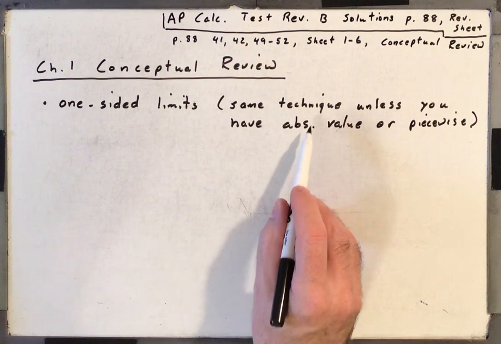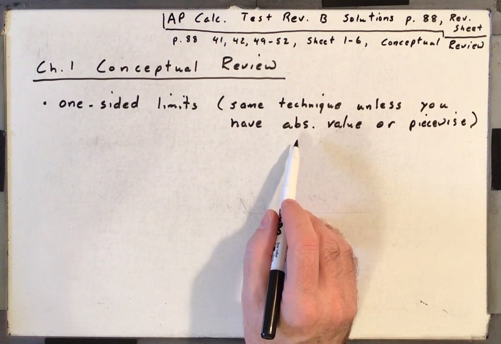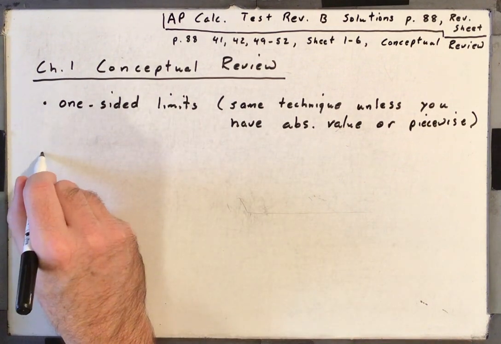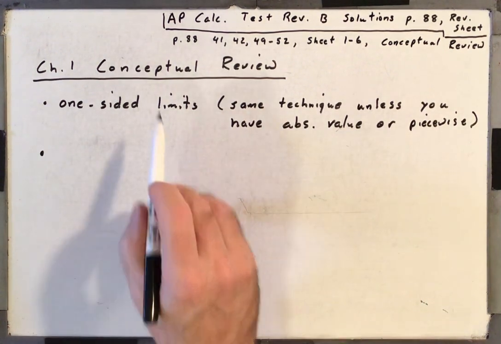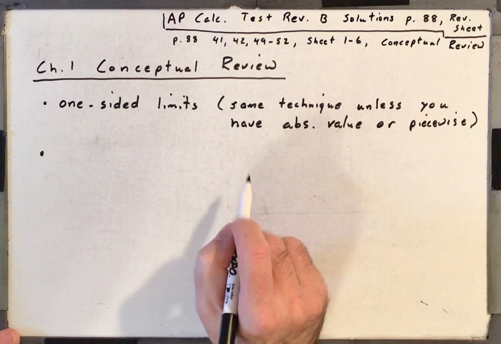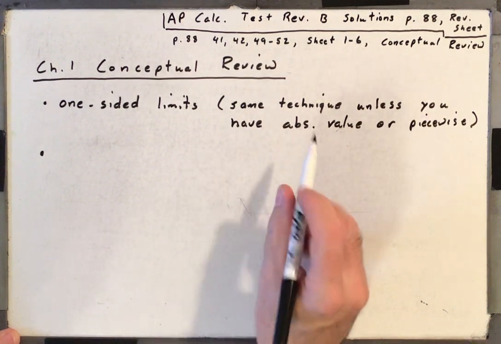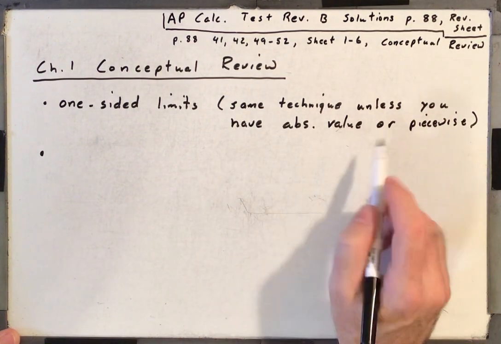And we actually did a bunch of those on the test review as well. So if you're dealing with an absolute value or piecewise function, you're going to have to use the small positive or small negative.